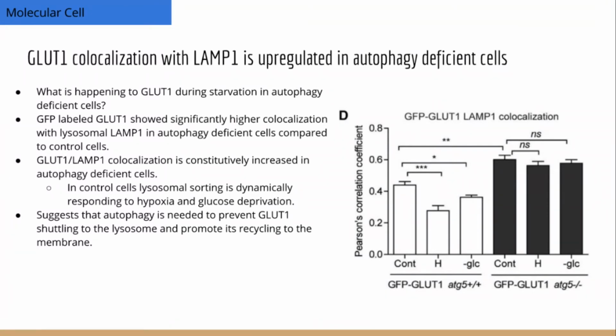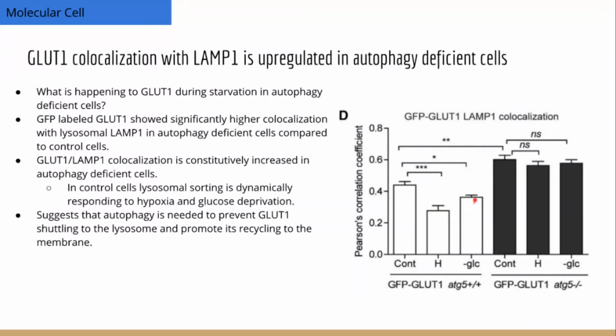So not only is GLUT1 being degraded in autophagy deficient cells, but this colocalization appears to be largely constitutive, meaning in control cells, the amount of colocalization with LAMP1 is kind of dynamic. You can see it decreases during hypoxia or during glucose deprivation, which makes sense, right? Because you definitely do not want to degrade GLUT1 when you need to import glucose. And you can see control cells, they get that, they understand that.